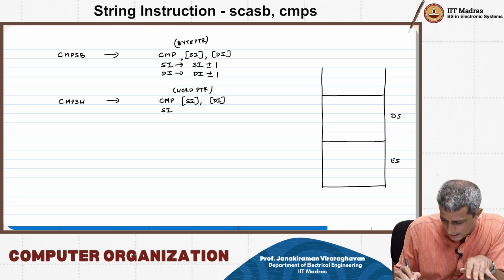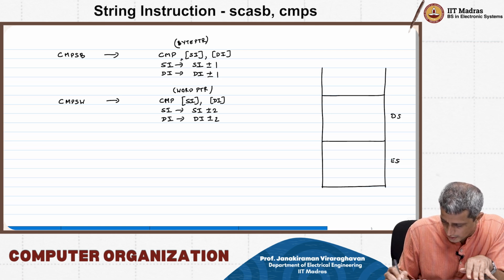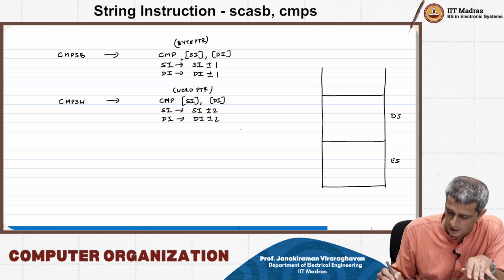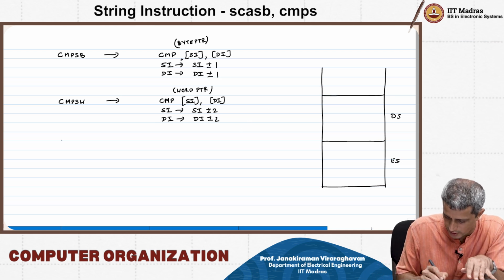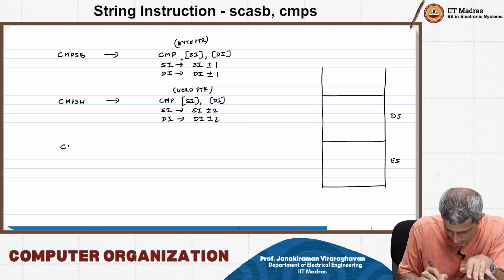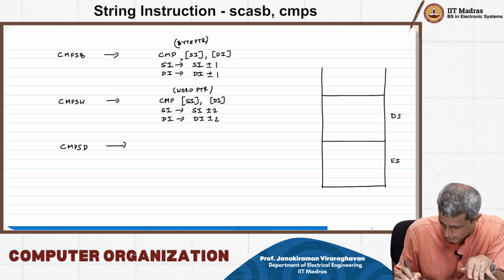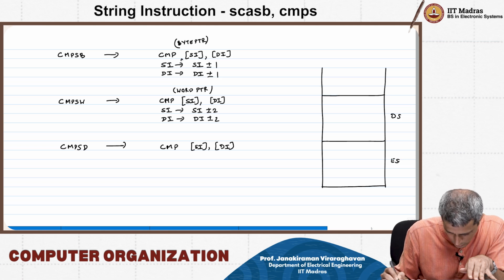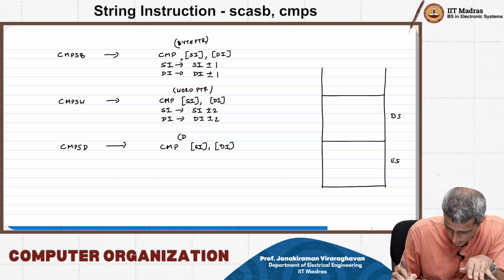And then SI will auto increment plus or minus 2, DI will become DI plus or minus 2. Plus or minus is of course determined by the direction flag. CMPSD is compare contents of SI with DI, and this one is a D word pointer.